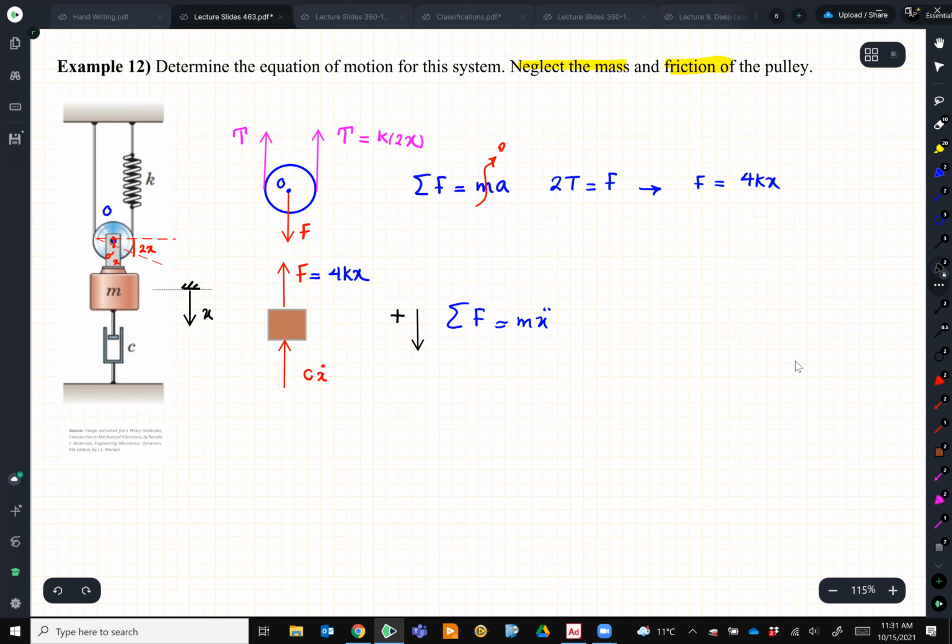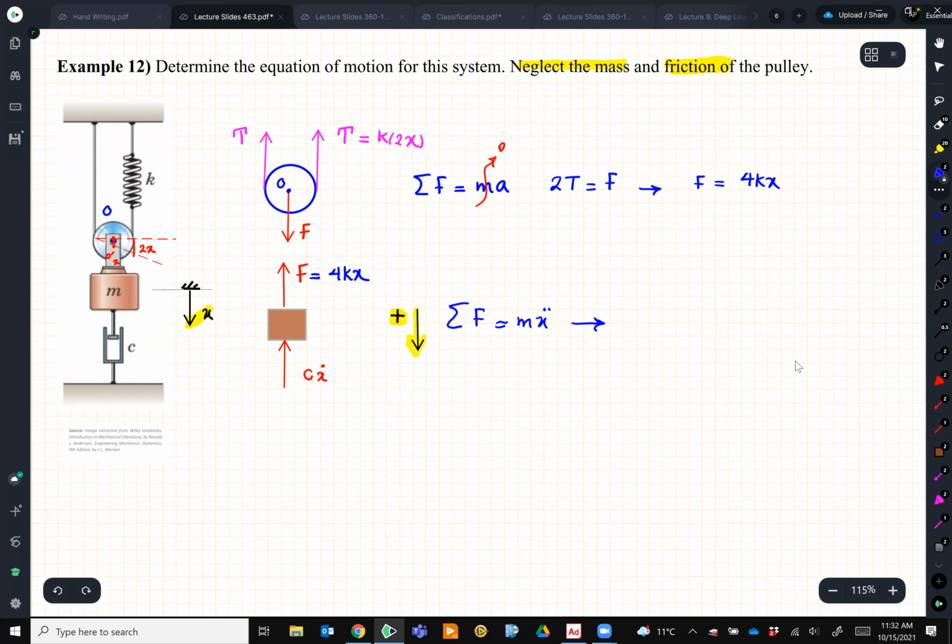Again, as I said at the beginning, it doesn't matter if you show your positive direction upside down or in the opposite direction, but you need to follow that direction. So for you, this is the positive direction. If somebody draws the free body diagram but upward should be the positive, you would get the same result. So what do I have?